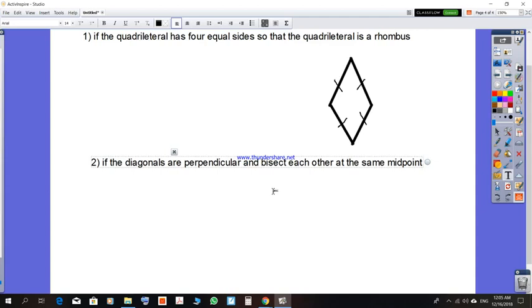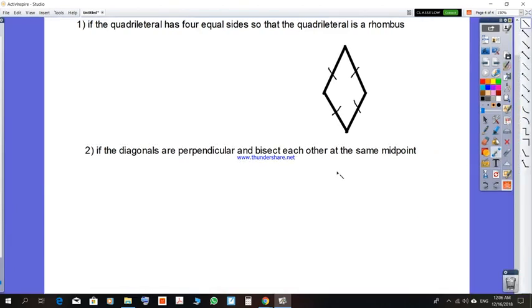First of all, if I prove that the diagonals are perpendicular, and then we prove that the diagonals have the same midpoint, that means we can say that the quadrilateral is a rhombus. This is a parallelogram, this is a rhombus.